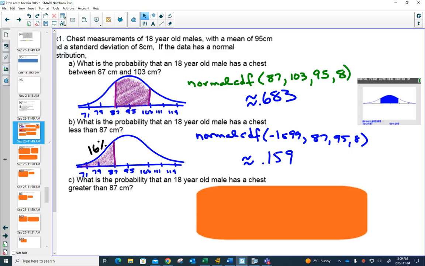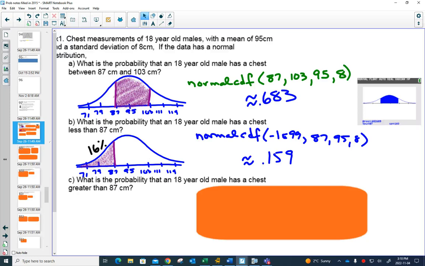With my sweater, I'm above average at this moment, okay? 5 standard deviations above would be at 5 times 8, 40 above 95, 135. 135, right? That would be impressive. You can imagine that? Very, very unlikely.